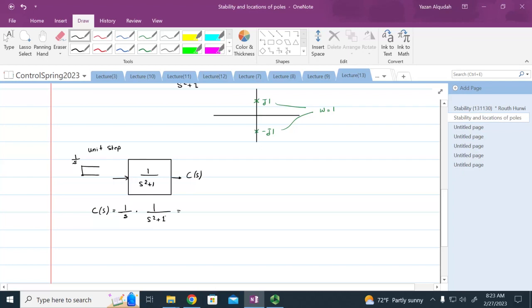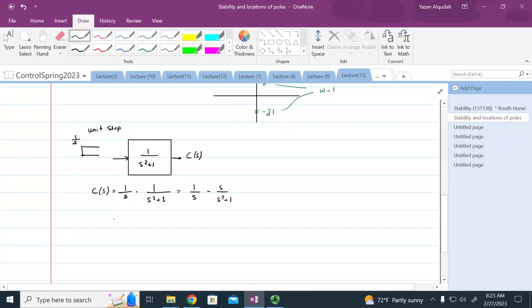Okay, so what do we do next? We can do partial fraction expansion. We can expand this as 1 over s minus s over s squared plus 1. Therefore, the output is going to equal u of t minus cosine of t. How does this output look?